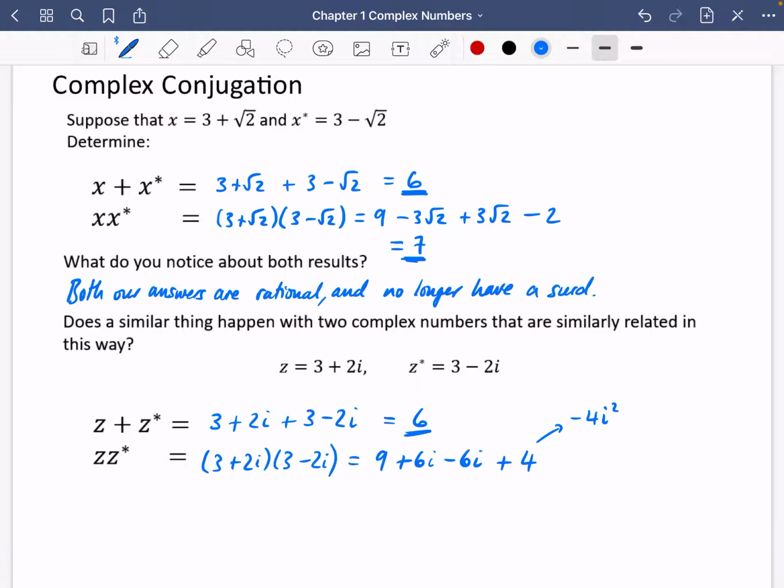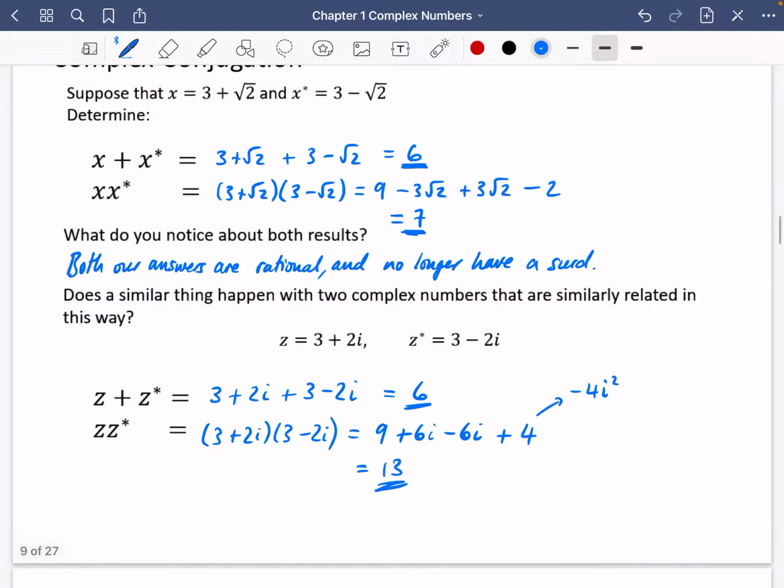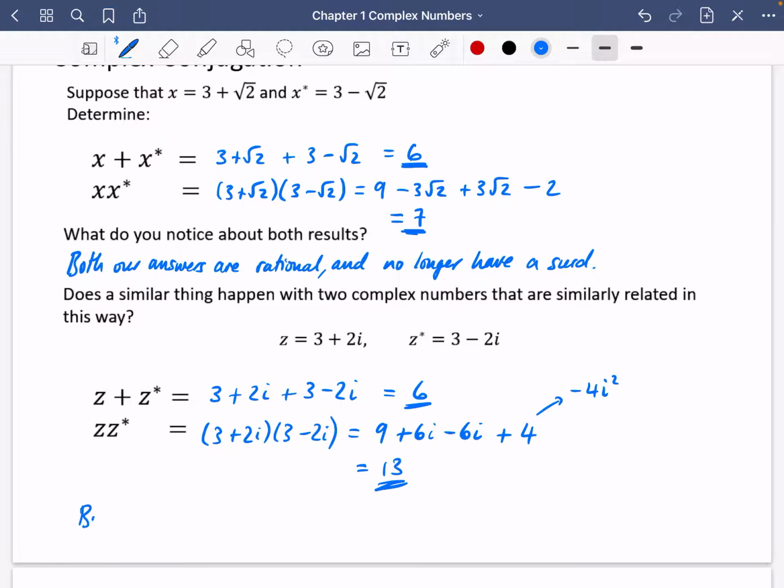And remember, i squared is minus 1, so you get plus 4. So the 6i's cancel, and we just get 13. So yes, a similar thing does happen. Both our answers are now real numbers. In other words, there is no longer an imaginary part.